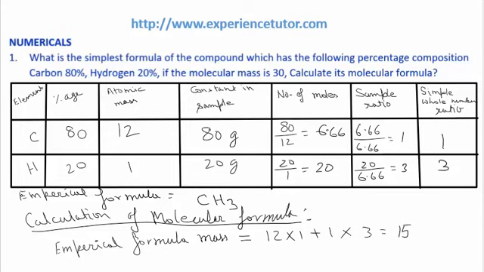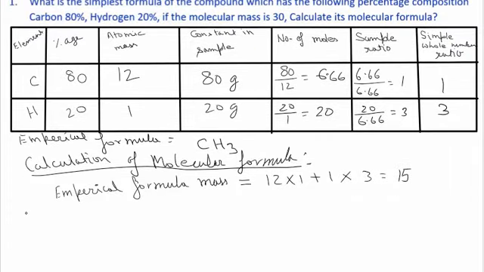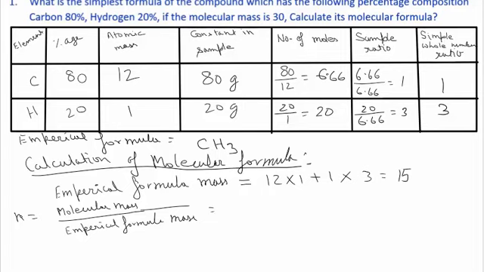Now n is equal to molecular mass upon empirical formula mass, which is equal to 30 upon 15, which gives 2.